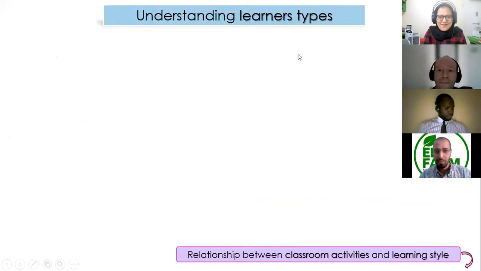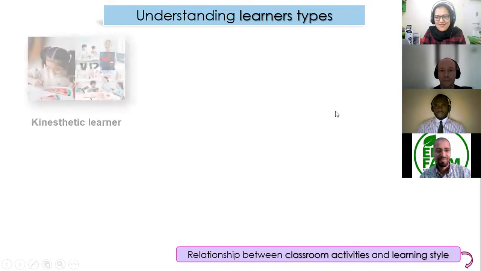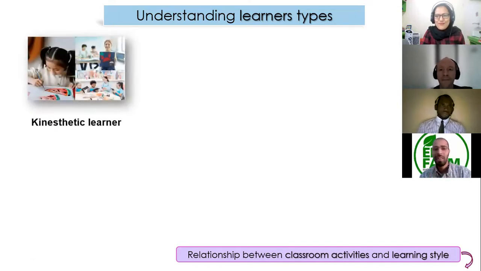Slide number 1 is about understanding learner types. Why is this point very important to plan your lessons? There are so many types of learners. The first learner type is kinesthetic.